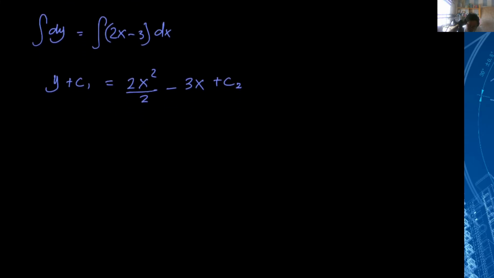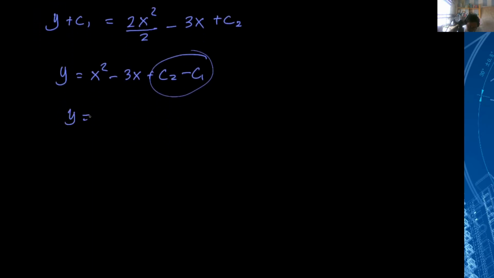So y equals x squared minus 3x plus c2 minus c1. I can combine this, so I will write x squared minus 3x plus c, as long as we all know that c equals c2 minus c1.